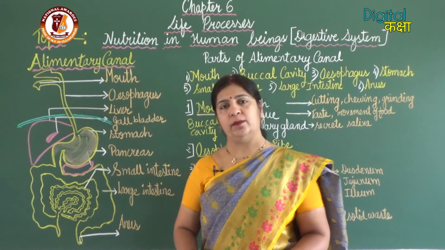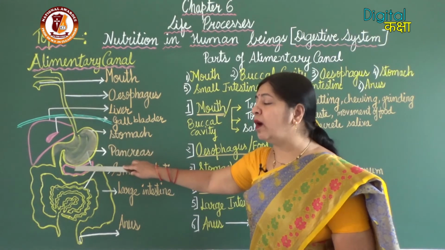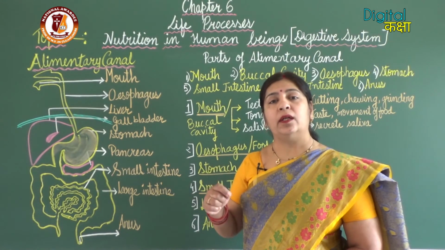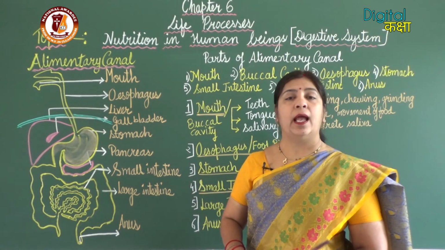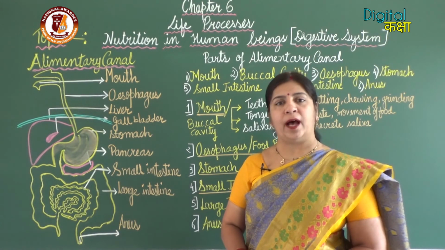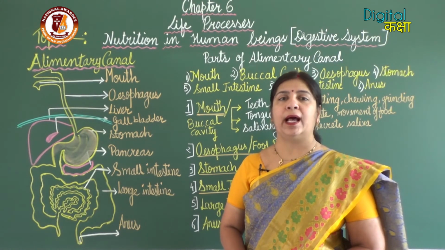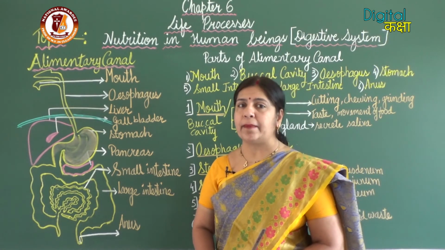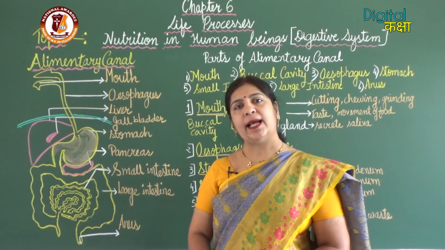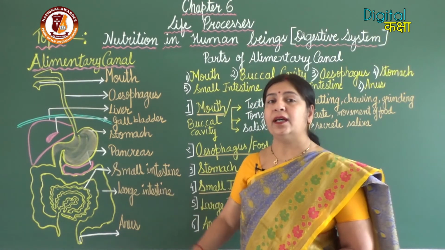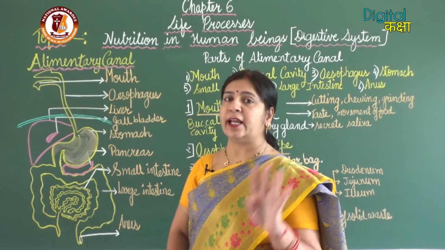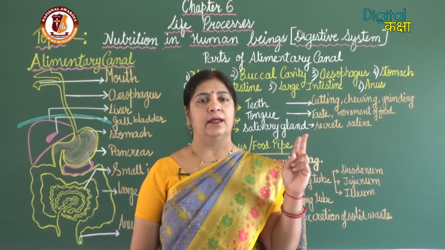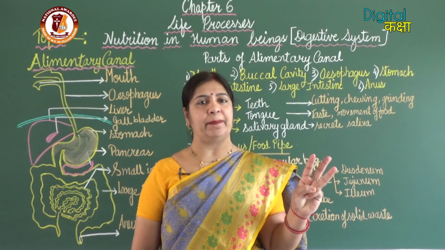This mucus forms a lining on the inner walls of the stomach and protects the stomach from the harmful action of hydrochloric acid. So the gastric juice is secreted by the gastric glands, and gastric glands are present in the walls of the stomach. Gastric juice contains four things: hydrochloric acid, mucus, pepsin enzyme and lipase enzyme.